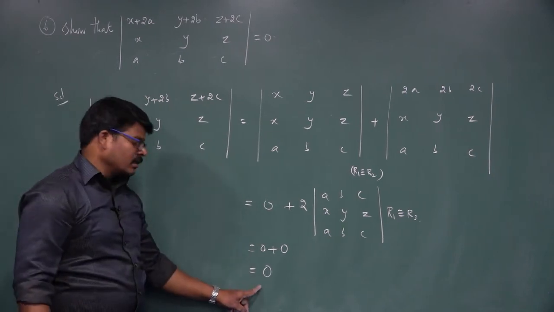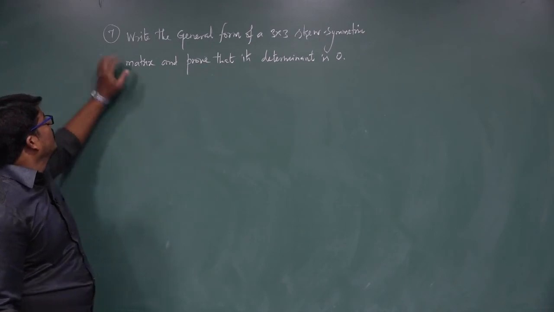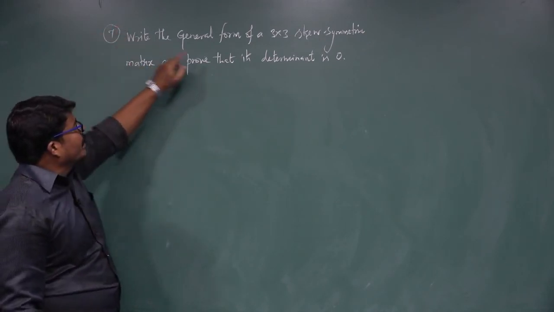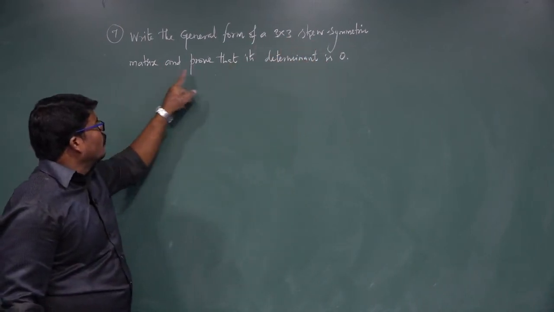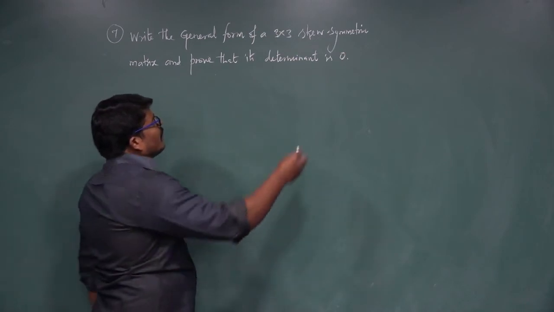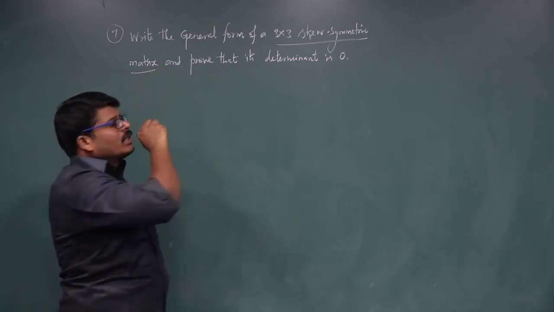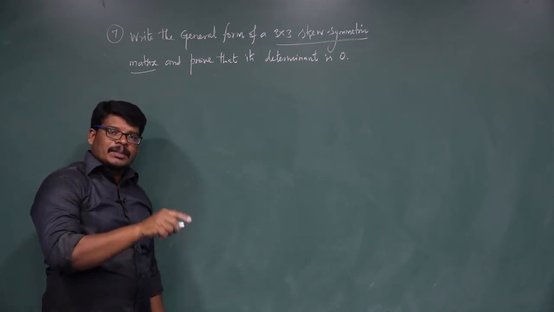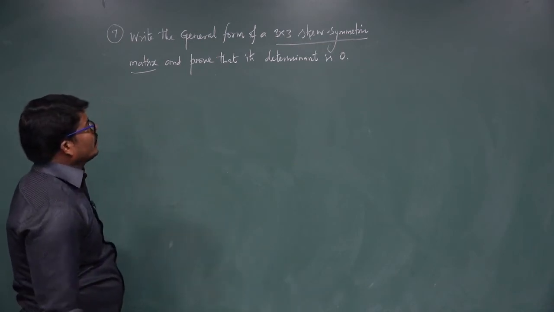To prove the result, equal to 0. Next problem, the seventh one: write the general form of a 3 by 3 skew symmetric matrix and prove that its determinant is 0. You already know a skew symmetric matrix: A transpose equal to minus A is a skew symmetric matrix.